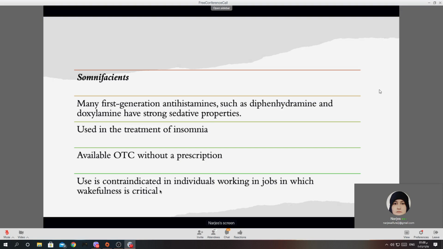As we mentioned, we have loratadine with no sedation, long-acting, compared to others.